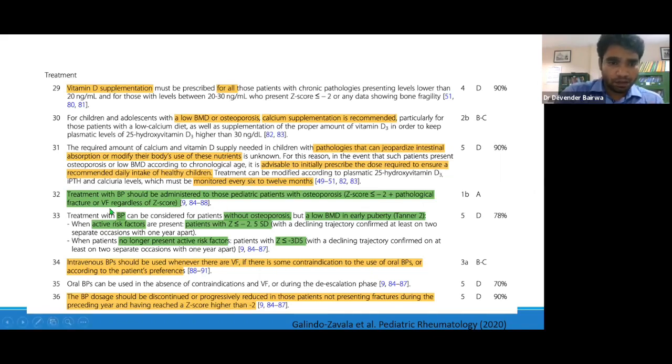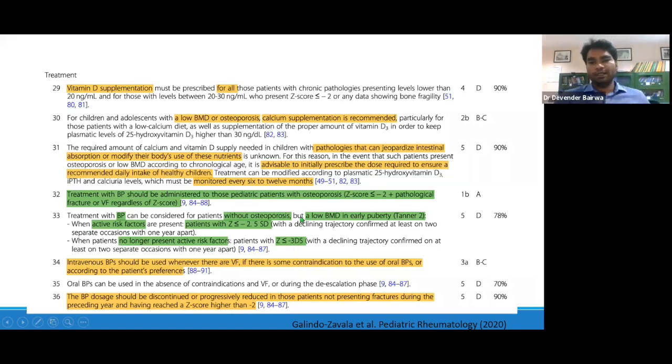Then, bisphosphonate can be considered for patients without osteoporosis but with low BMD in early puberty, up to Tanner stage 2, when active risk factors are there along with a BMD Z-score of less than -2.5, or when the patient no longer has active risk factors, with a Z-score less than -3.